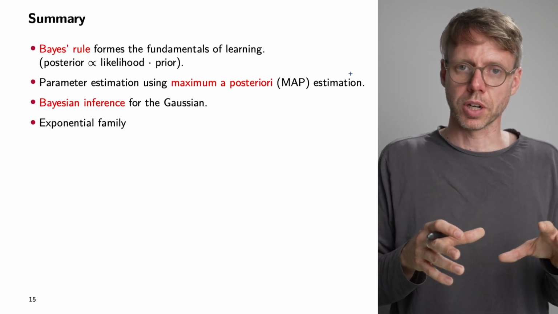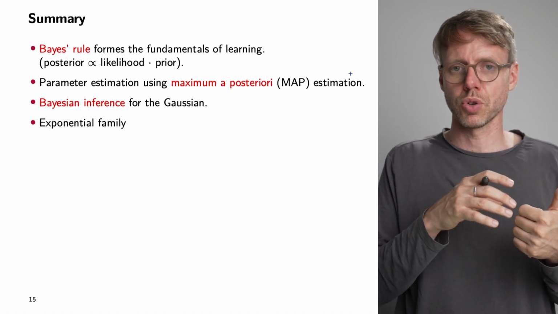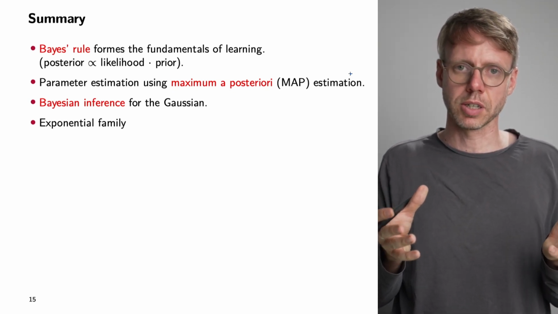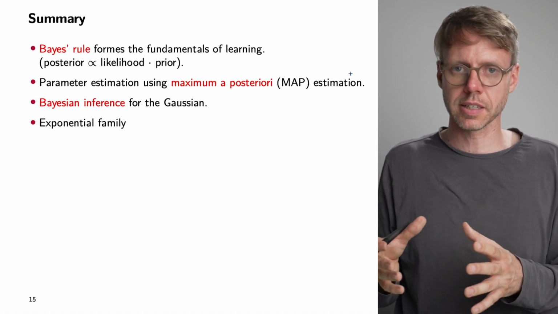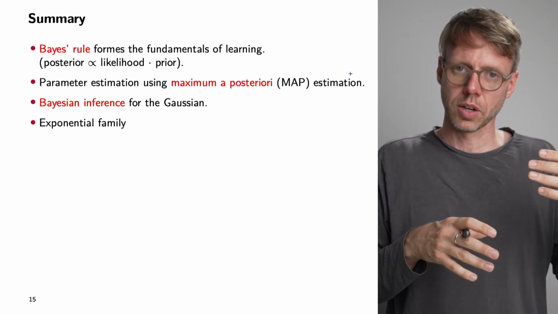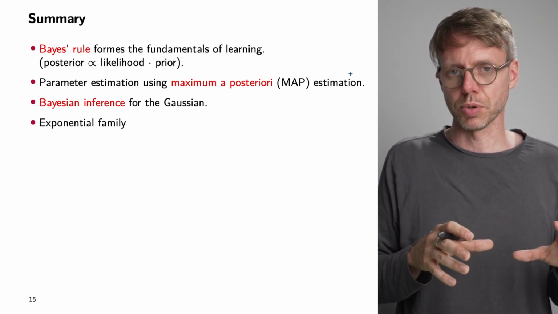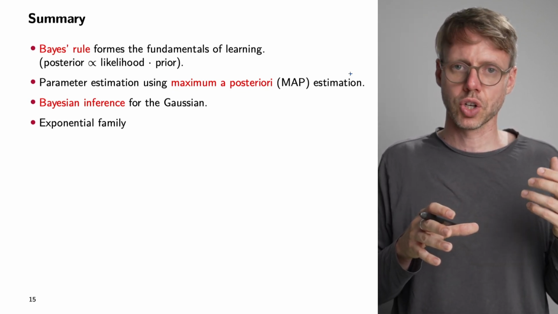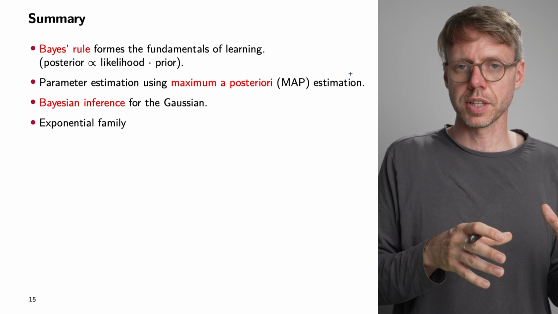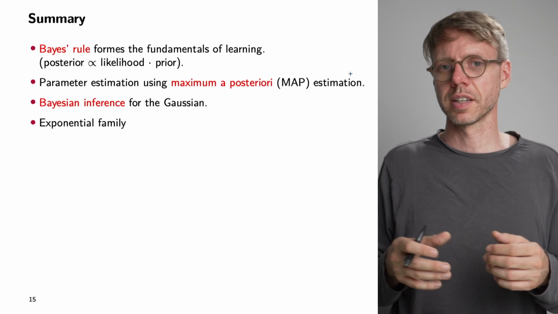Often, if we work with members of the so-called exponential family, such as the normal distribution, the Bernoulli distribution, and so on, pretty much all the relevant distributions that we use in machine learning and statistics, then we can do efficient updates and efficiently compute the posterior distribution. We have shown this in the example of doing posterior inference over the mean of a Gaussian distribution, and briefly looked at the exponential family.